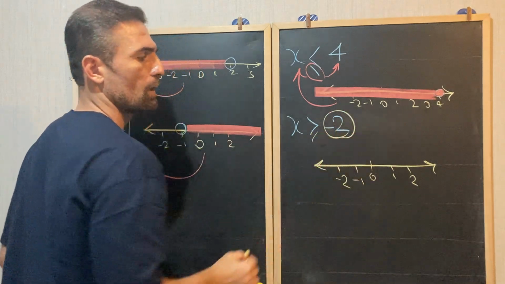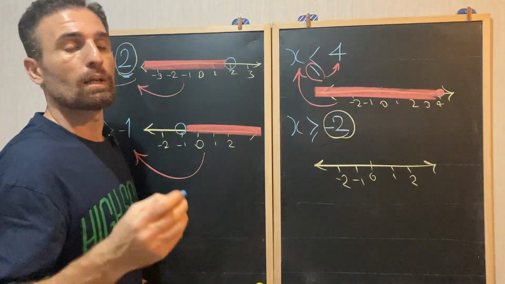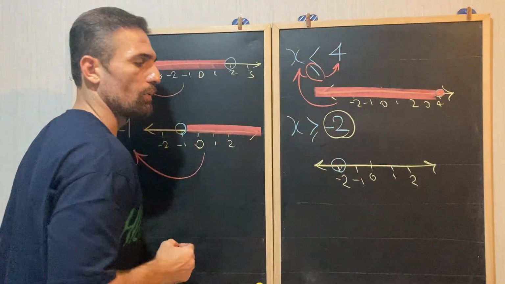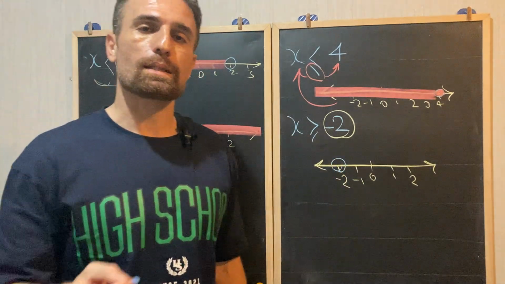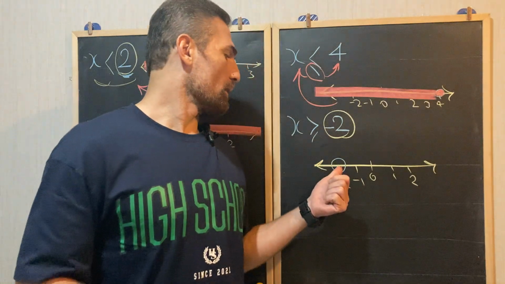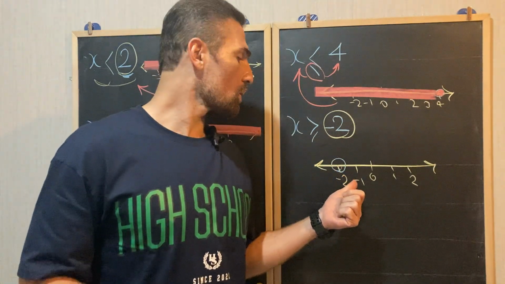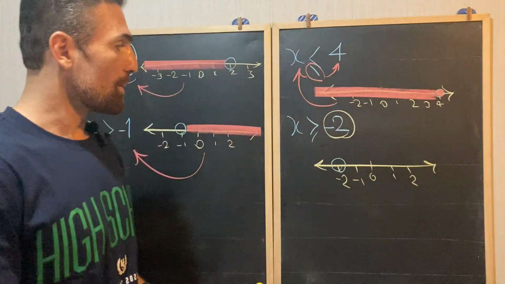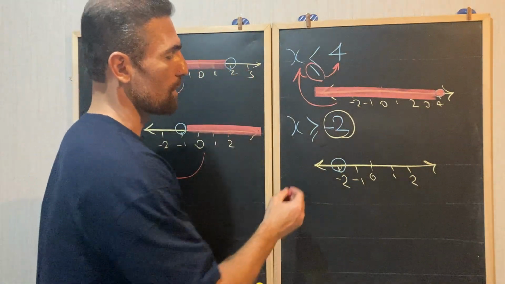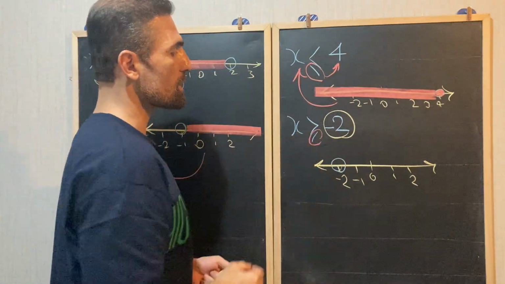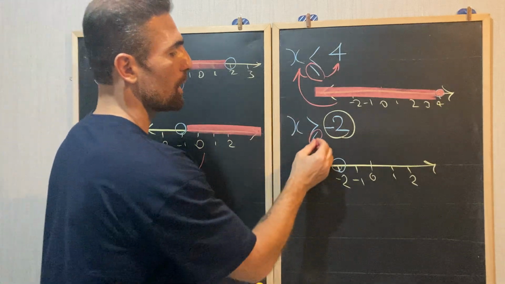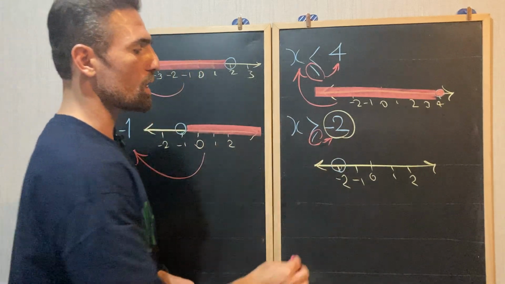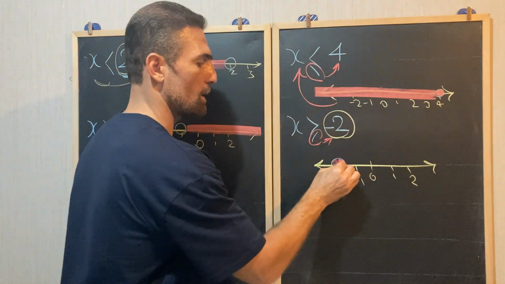Find this number, -2, and graph a circle above this number. But is this circle an open circle or a filled circle? Absolutely, it is a filled circle because it says x is greater than or equal to -2. That is why we need to shade this circle.